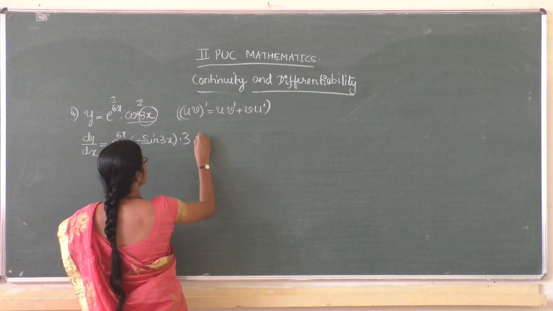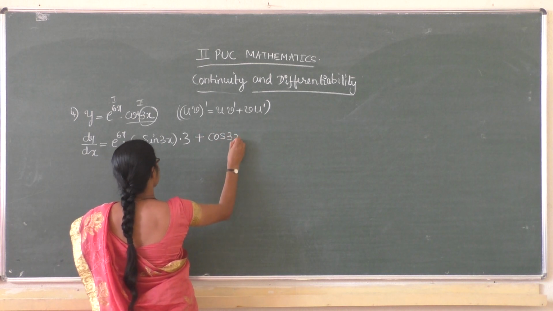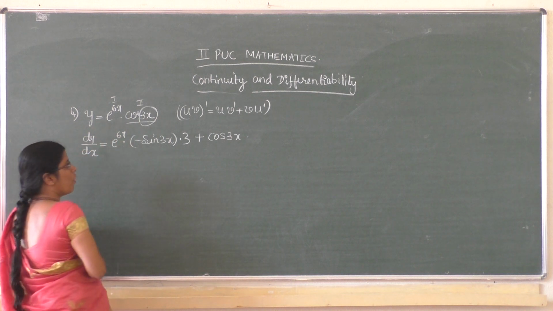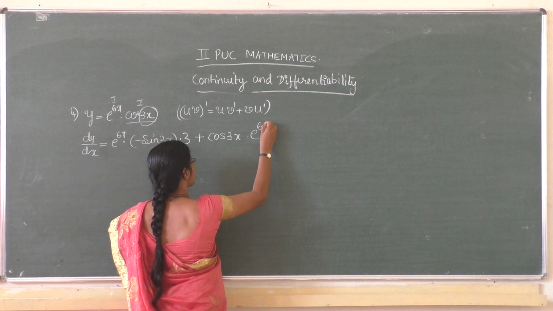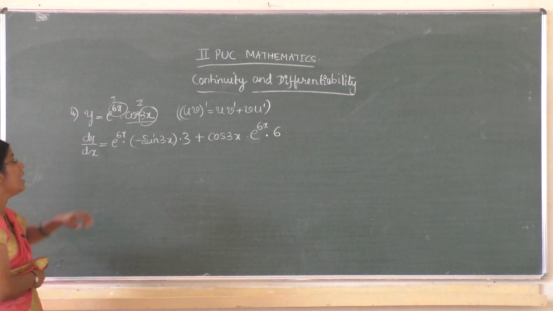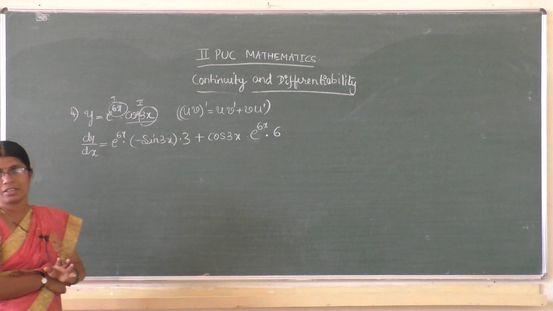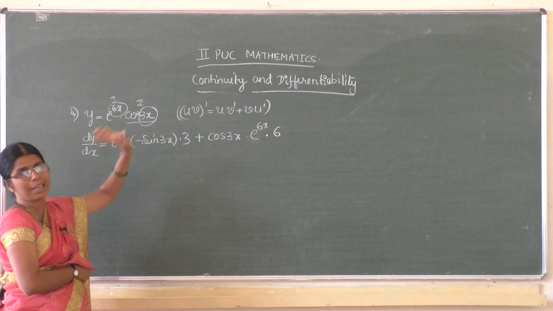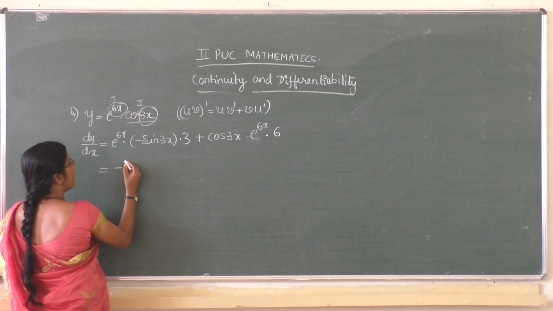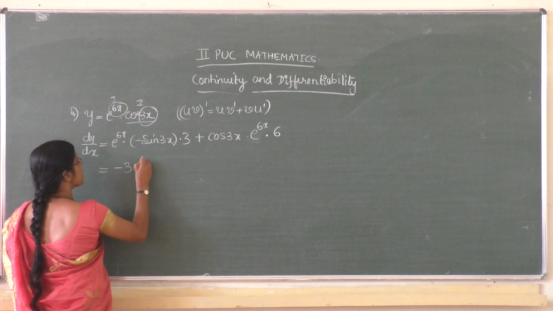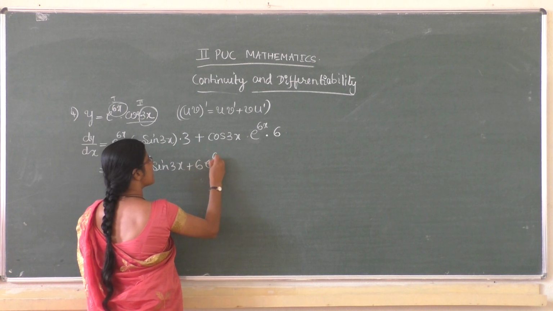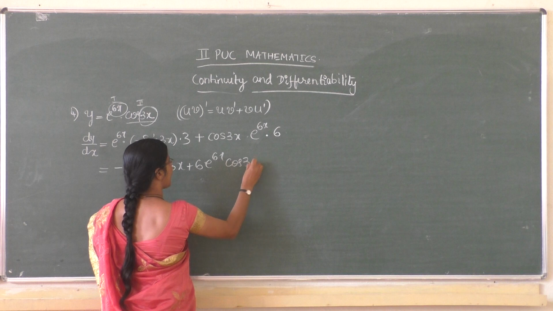Then plus cos 3x as it is, derivative of e to the power 6x is e to the power 6x into, using chain rule, derivative of 6x is 6. Whenever we have a coefficient, we directly multiply by 6. So here we get minus 3 e to the power 6x into sin 3x plus 6 e to the power 6x into cos 3x.